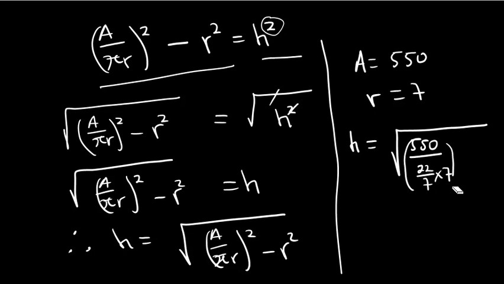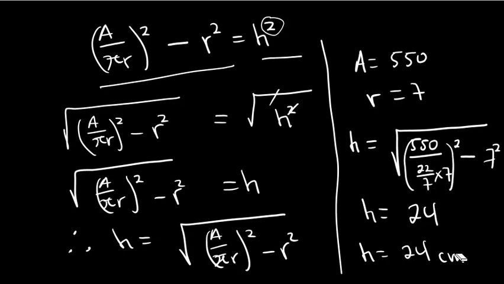Don't forget that you have all of that in brackets, and that is squared minus your 7 squared. If you simplify this correctly, you're going to get h being equal to 24, hence h is equal to 24 cm. So that is the question 5a.